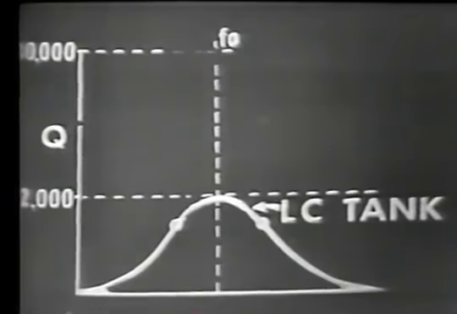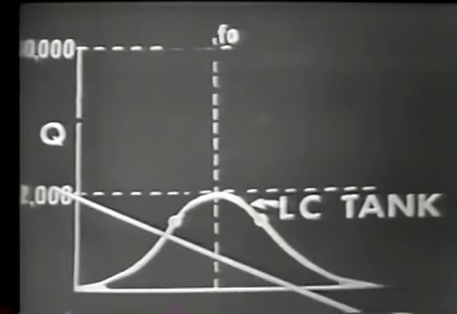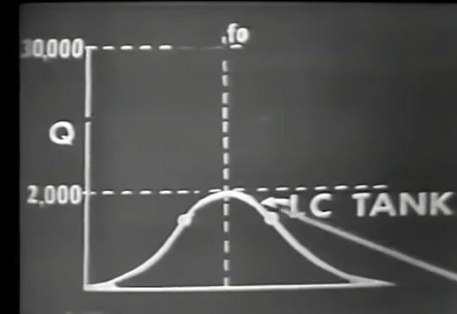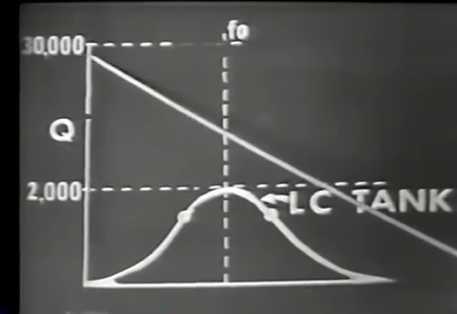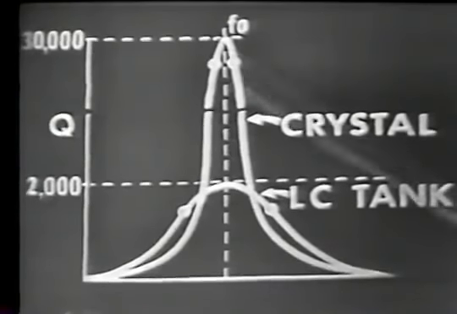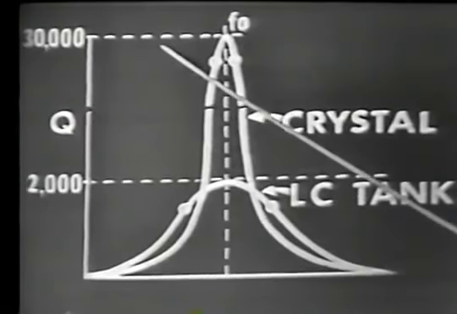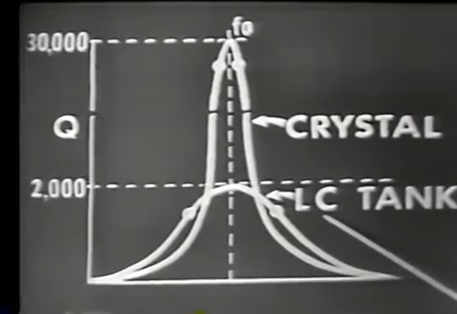The Q of an LC tank circuit is seldom greater than 2,000, whereas the Q of the crystal is sometimes as great as 30,000. Comparing these two, you can see that the Q of the crystal would be many times greater than that of the LC tank circuit.